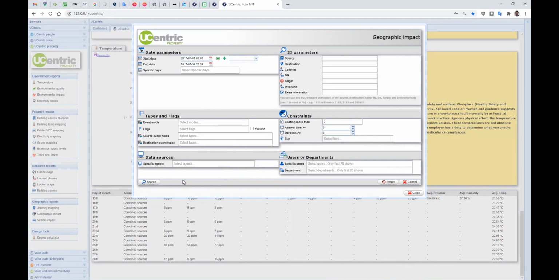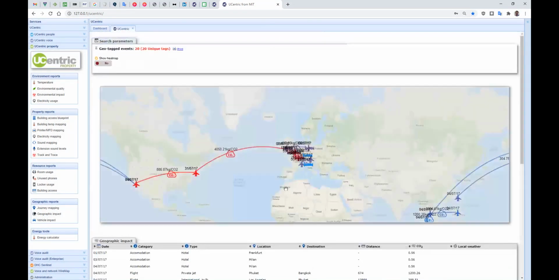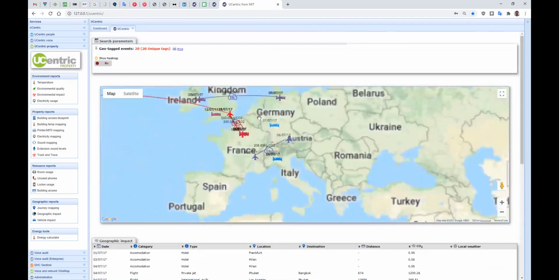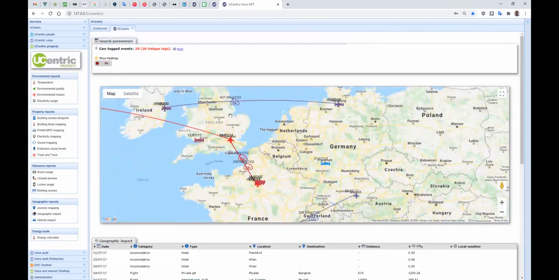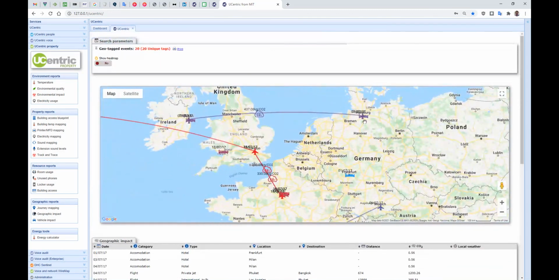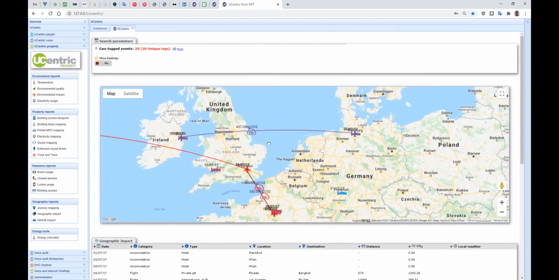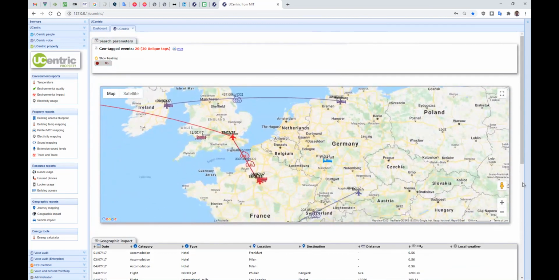And we can see here all of their movements. And this is just the key band members, their movements by plane and accommodation for 1 month in July 2017. And for each of these flights, now we can see their carbon footprint. If I click on that, it'll actually tell me exactly how many, 437 kilograms of CO2 just to travel from there to there.